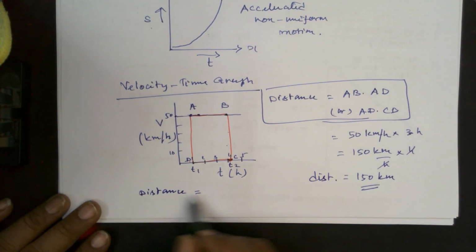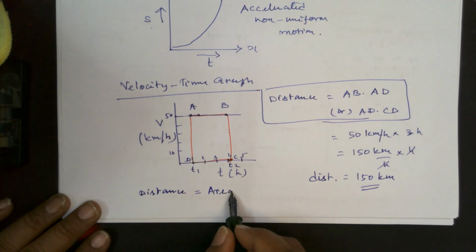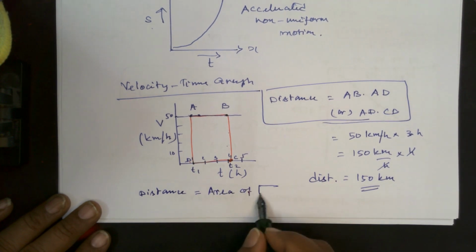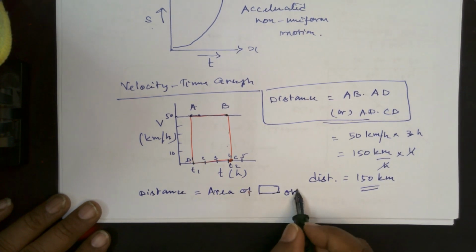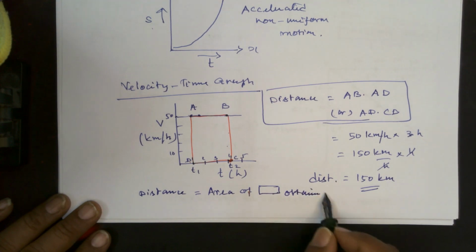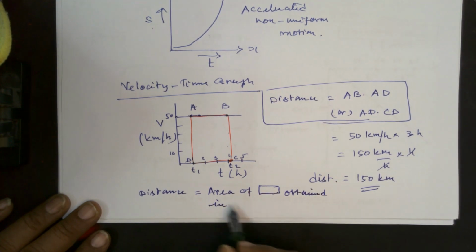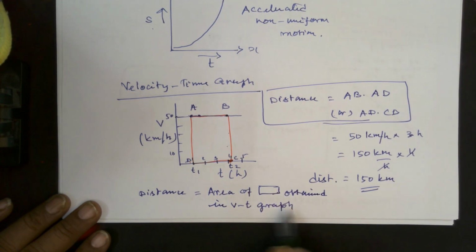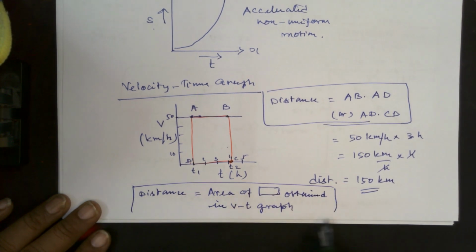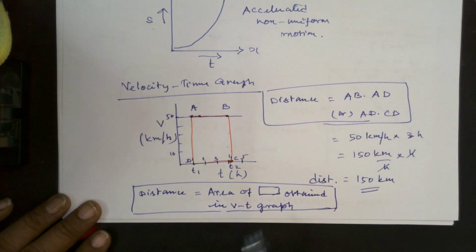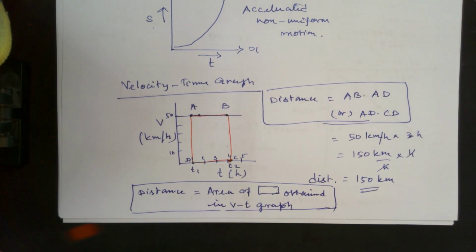Distance is equal to area of rectangle obtained in the graph in velocity time graph. Are you able to follow? So this is the formula to be used, okay, based on the graphical representation. Got it?